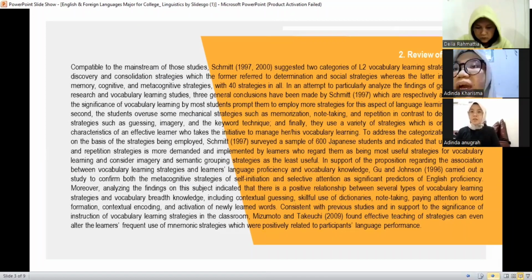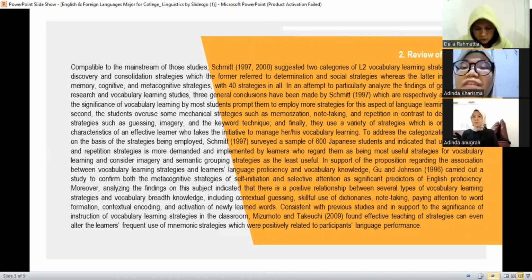In an attempt to particularly analyze the findings of general learning research and vocabulary learning studies, three general conclusions have been made by Schmitt, which are as follows.